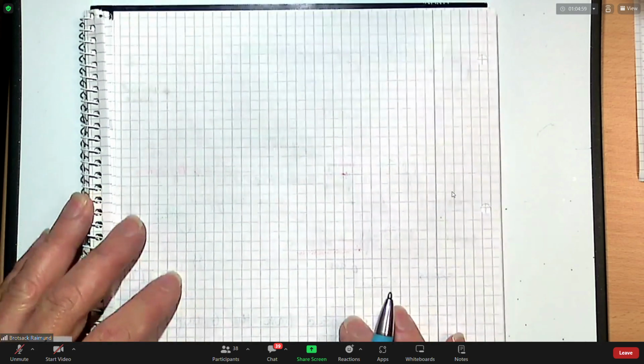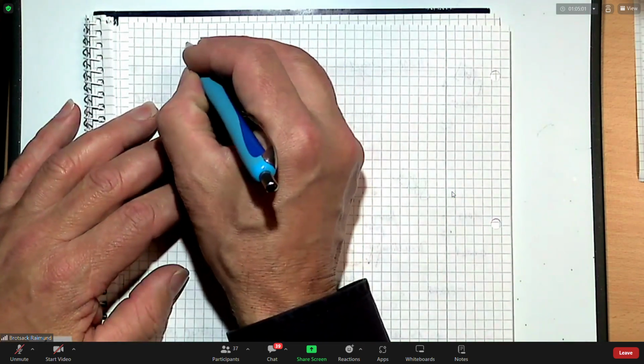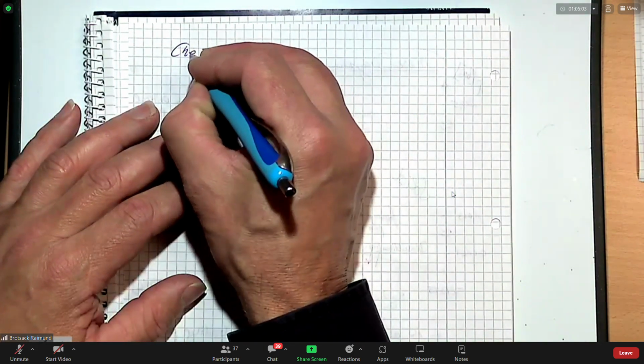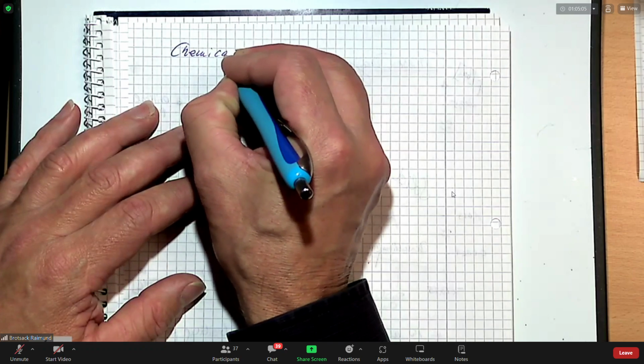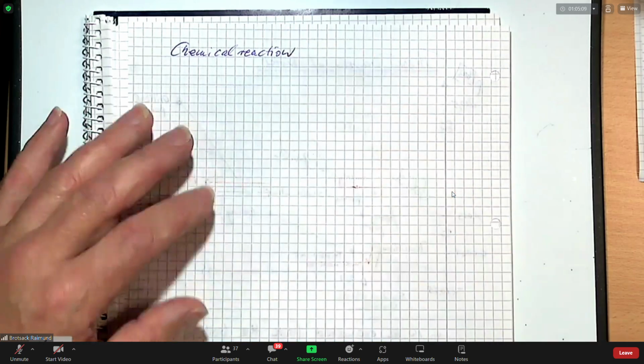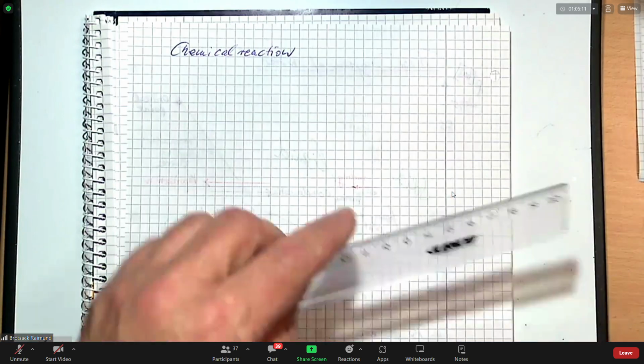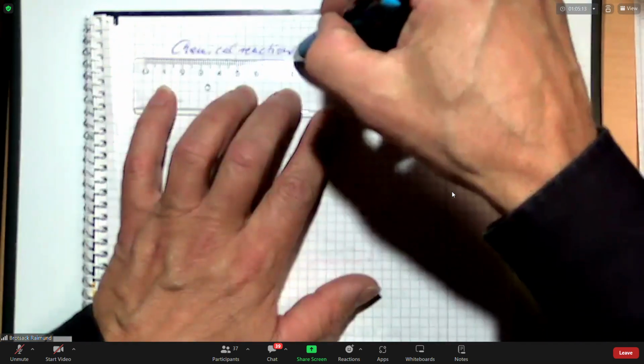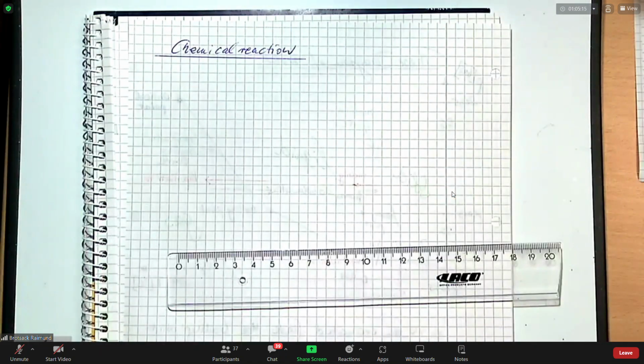Another one is related to the energy level. Maybe you heard about the terms endothermal and exothermal.